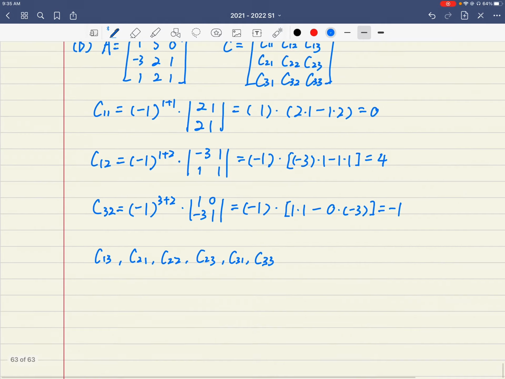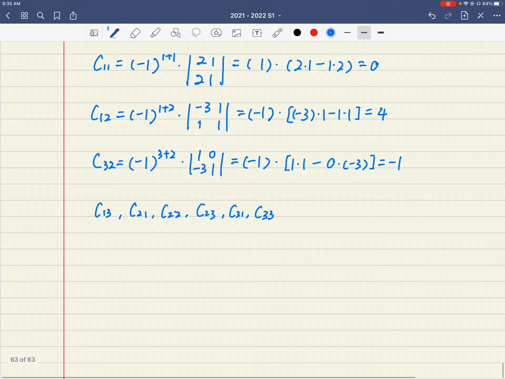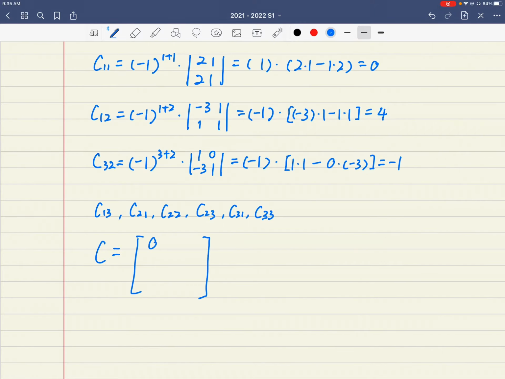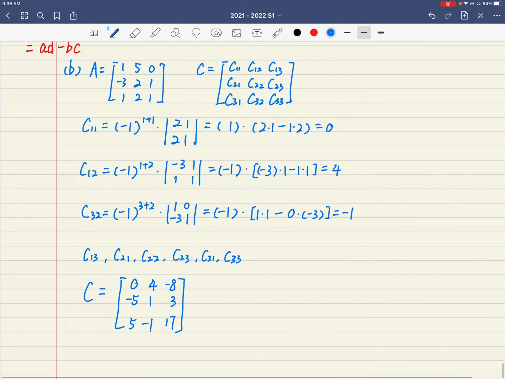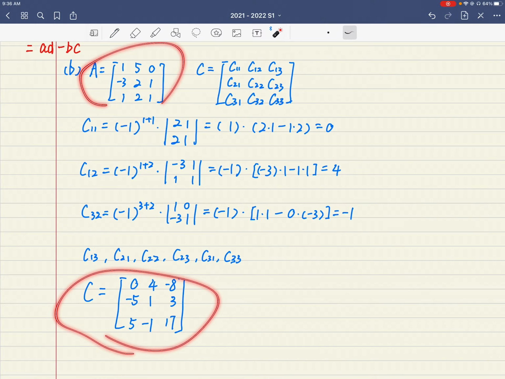If your calculation is correct, once you've got all 9 of them, you just have to put them in the correct positions. The first row is 0, 4, and C32 is -1, and the rest of them are -8, -5, 1, 3, 5, 17. So this is the cofactor matrix of A.